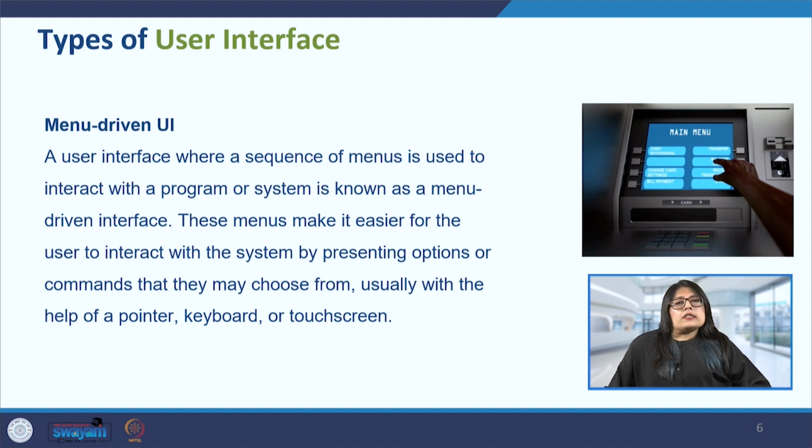Sometimes we see that some of the options are also ghosted, so they are gray, and the user will not be able to choose those ghosted options because of the previous choice they have made. So that choice will only allow them to move in one direction and not go in the other direction. So this is how the error can also be decreased.